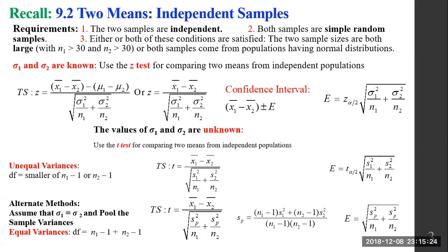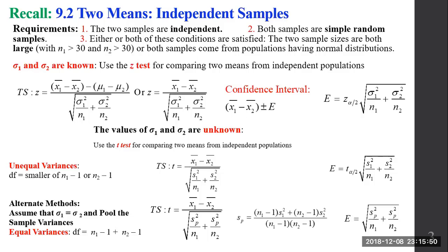Now, if sigma 1 and sigma 2 are missing, they are unknown, then we have no choice but to go with the t-test. So, two situations. Number one, we have unequal variances. By the way, most often this is the case. We can't really assume the alternate method where sigma 1 and sigma 2 are equal is the case unless given to us.